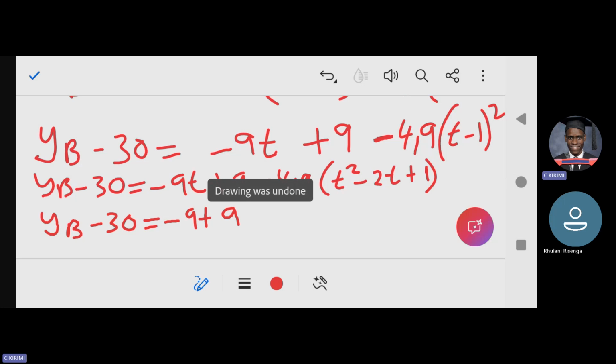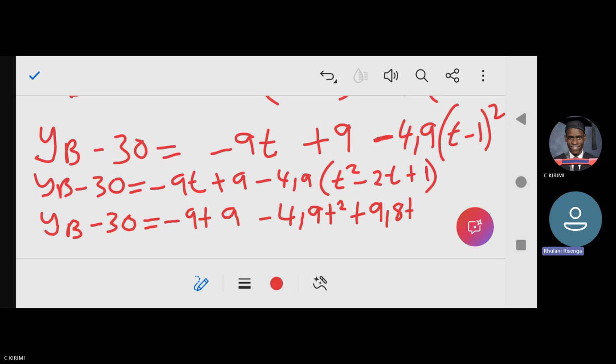Then now we are expanding using that negative: minus 4.9t squared, plus 9.8t, then minus 4.9. All right, then you group the like terms together.